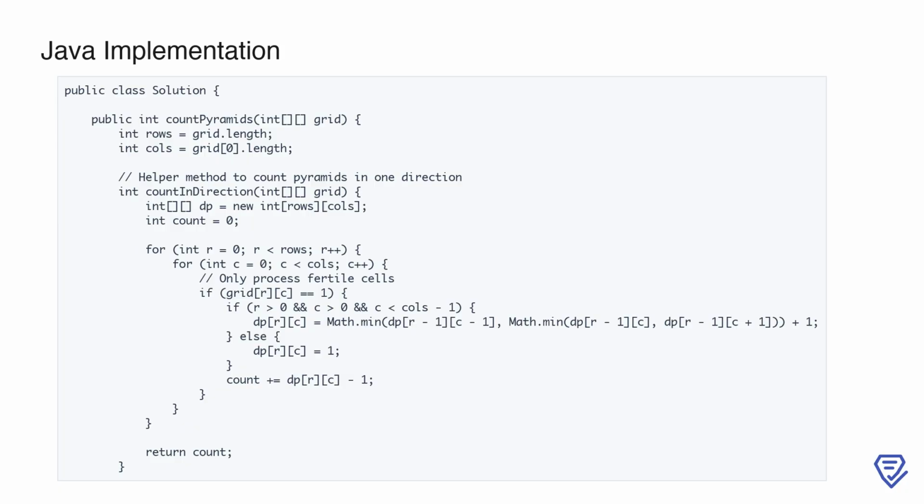Using the math.min function, we ensure the pyramid height is limited by the shortest base it can form. If the cell is not part of a larger pyramid, it defaults to a height of 1. Finally, we increment the count by dp[r][c] - 1, as we subtract 1 to exclude the base level of the pyramid. This ensures that only true pyramids, not single cells, are counted.